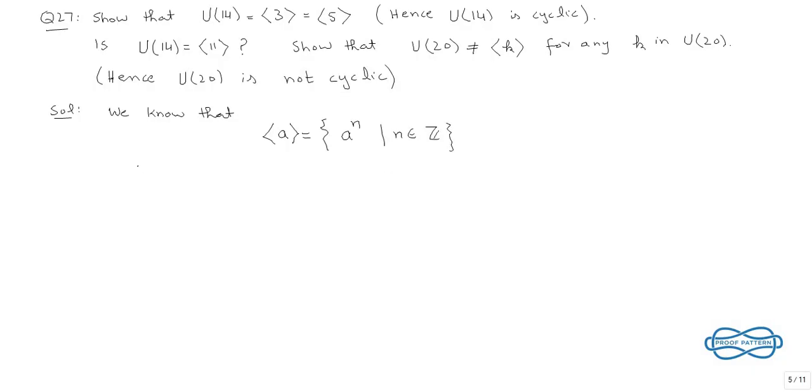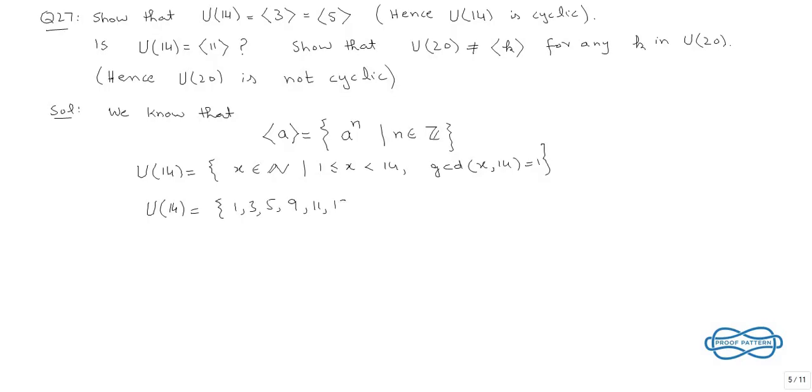Alright, and the unitary group U14 is the set consisting of positive integers x such that x is greater than or equal to 1 but strictly less than 14, and the condition is that the GCD of x with 14 is equal to 1. If we check one by one all the elements less than 14, we get the unitary group U14 to be 1, 3, 5, 9, 11 and 13.